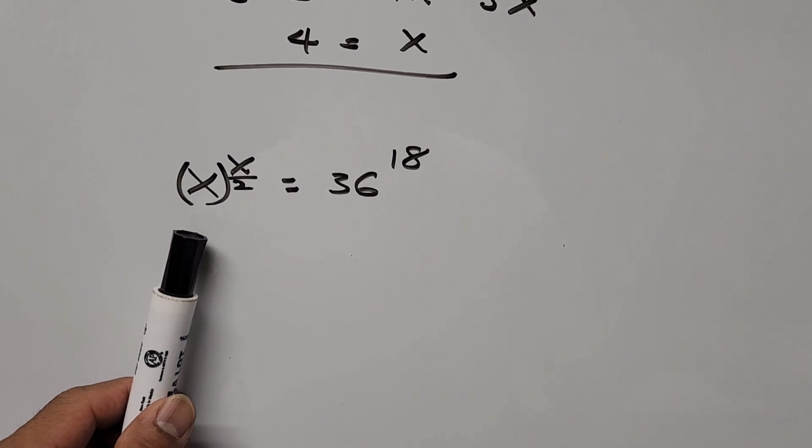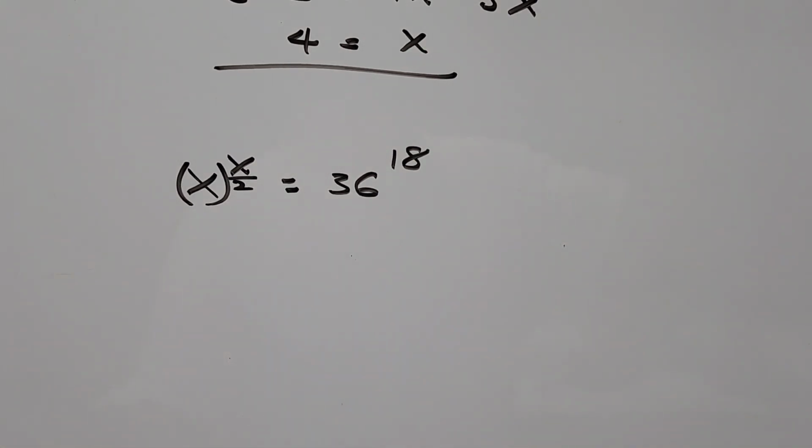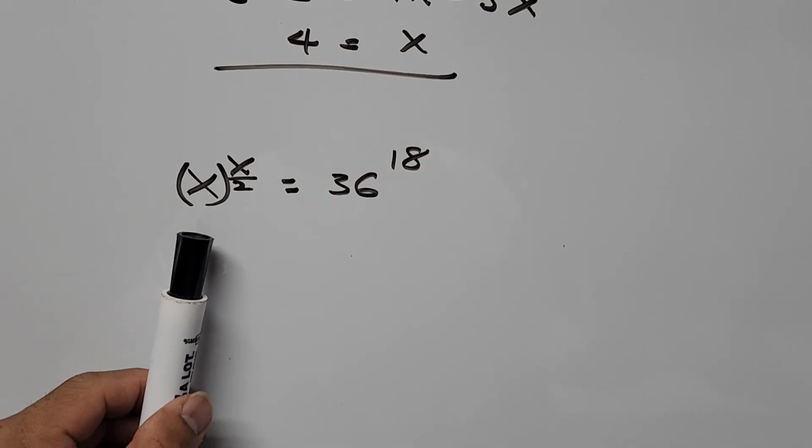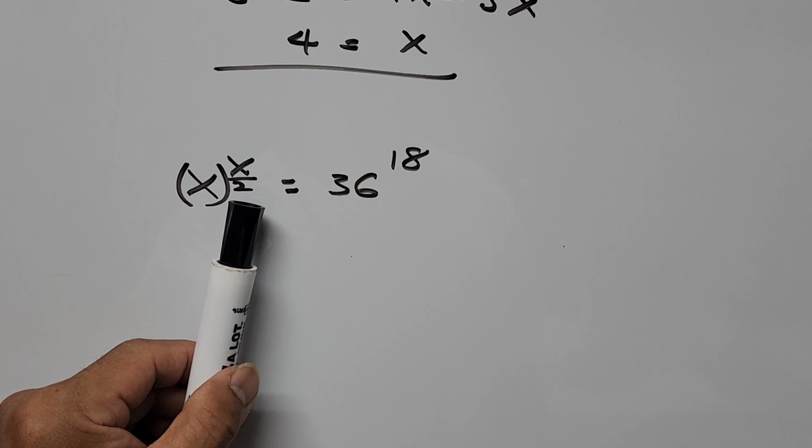And this will be the last exponential equation to solve. We have x to the power of x divided by 2 equals 36 to the power of 18. So how do we solve this kind of exponential equation? Here we cannot use the logarithm. In this case, let's do it this way. The base is x, the exponent is x over 2, so the base is not the same as its exponent.